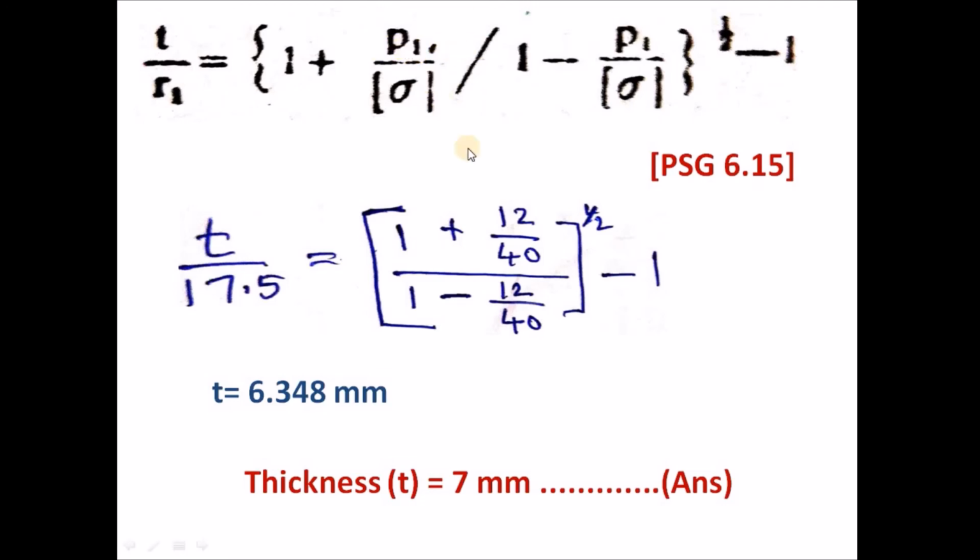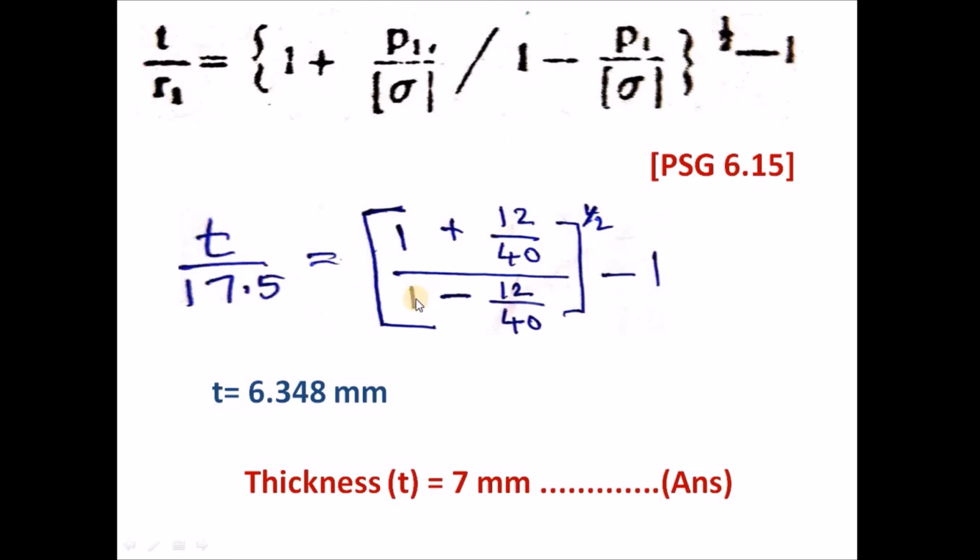That 12 is given here. Then sigma is 40. There is the factor of safety: 200 is the ultimate stress. Permissible stress means ultimate stress divided by factor of safety, 200 by 5, 40, is given here.